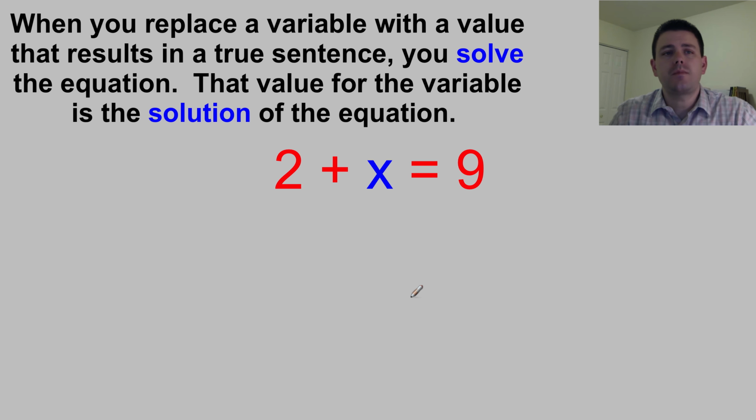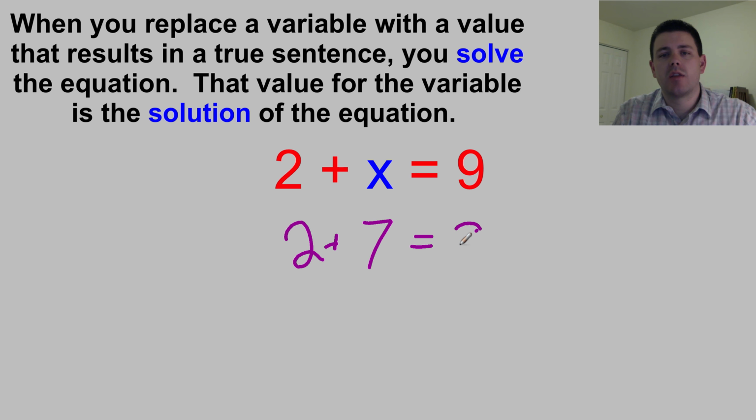All right. When you replace a variable with a value that makes it a true statement, a true sentence, that means you've solved the equation. Basically, you figured out what can I plug in place of the variable that would make this true. So look at our example here. 2 plus x, so 2 plus some number is equal to 9. Well, if you stop and think about it, if I have 2 and I want to add something to it to give me 9, well, 2 plus 7 is equal to 9.